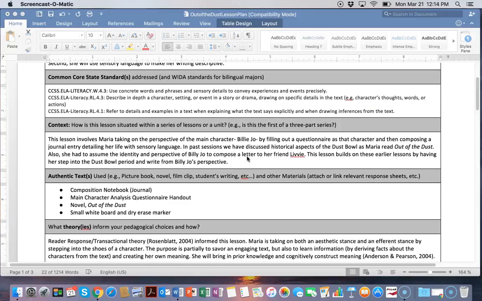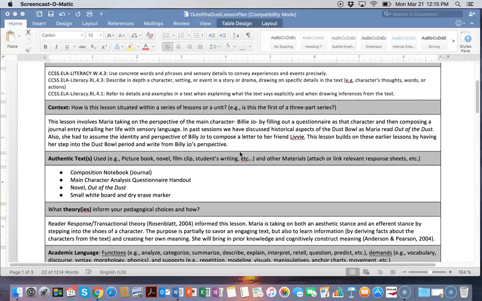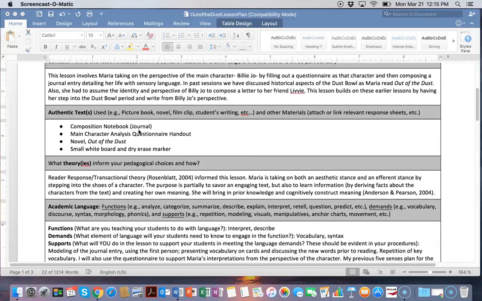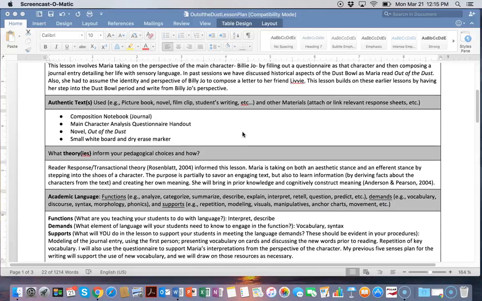And in the lesson previous to this, the tutor had delved into sensory imagery with her student. And so what you'll see in this plan is that she builds on some of those materials from that previous lesson to have her student write a journal entry from the perspective of this student, in which she describes what her experience is like in the Dust Bowl. You're going to see the materials here.